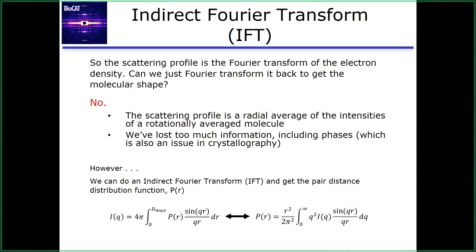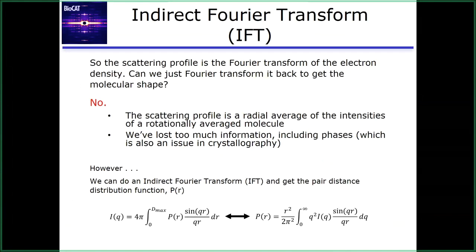The question is, can we do a Fourier transform of the scattering profile and get back molecular shape, or at least something that informs on molecular shape? Unfortunately, the answer is mostly no, because the scattering profile is a radial average of the intensities of a rotationally averaged molecule, and we've lost all the phases, just like in crystallography. So there's not a particularly good way to directly transform this back to what we're seeing in the system.